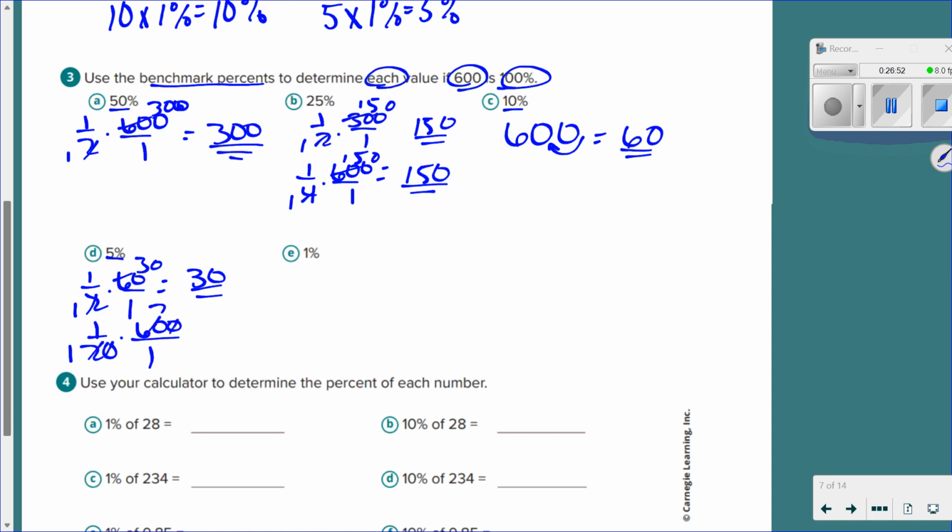That goes away because we wanted a 30. So it's going to get the same answer, but again, make the math easy for yourself. That's what benchmark percents are about. 1% is the second easiest thing we're going to give you to do all year, because all I'm doing is moving my decimal twice. Make sense?